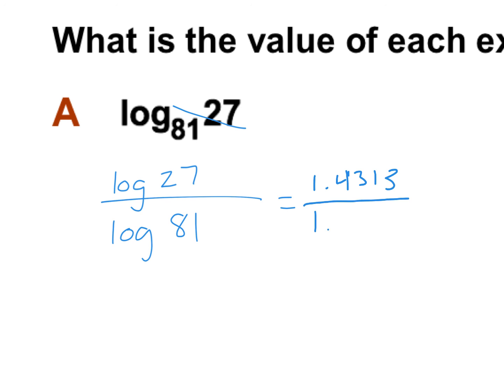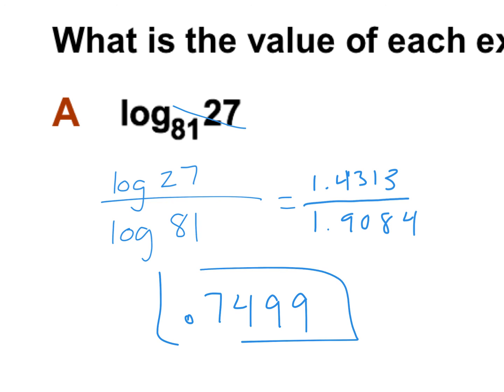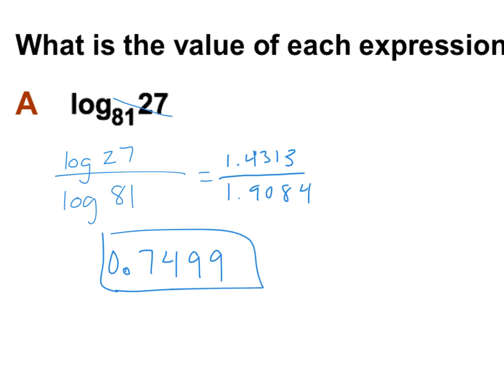And we get 1.9084. And then we just divide these two values. So we would get 0.7499. Can we round that to 0.75?